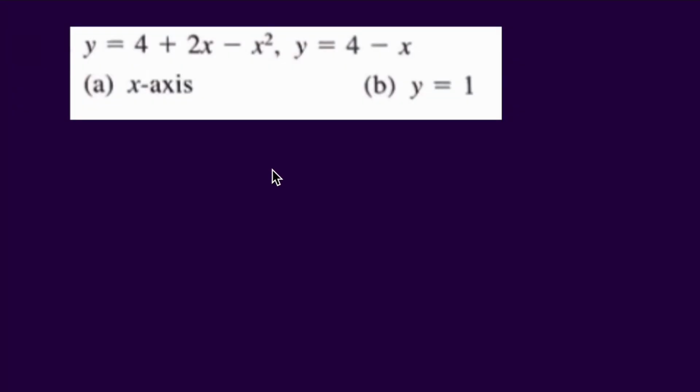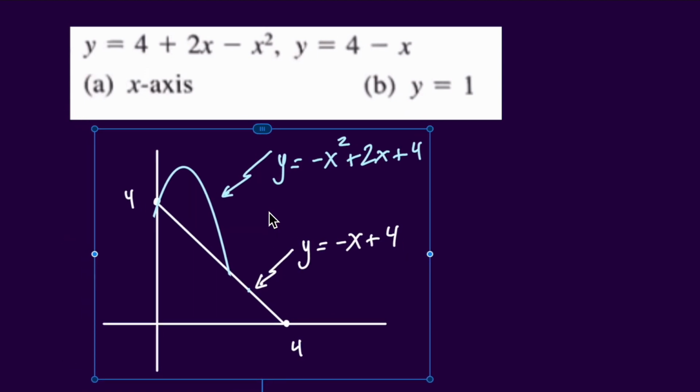Next, we are given these two functions and asked to rotate the region bounded by these functions, first about the x-axis and then about the line y equals 1, and find the volume. So go ahead and graph those on your own, and you're going to end up with something like this.